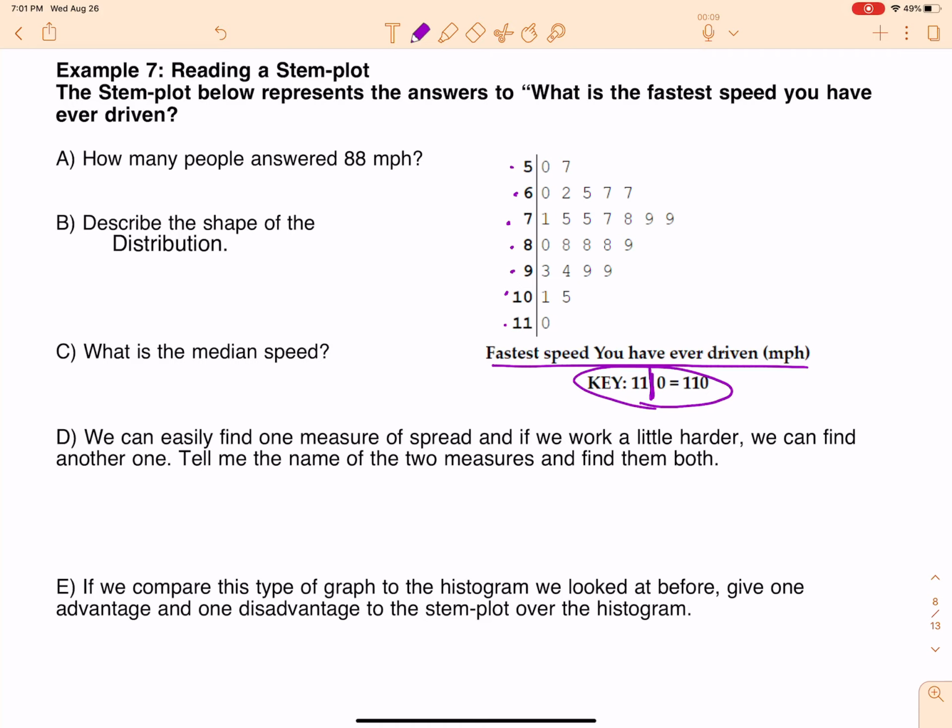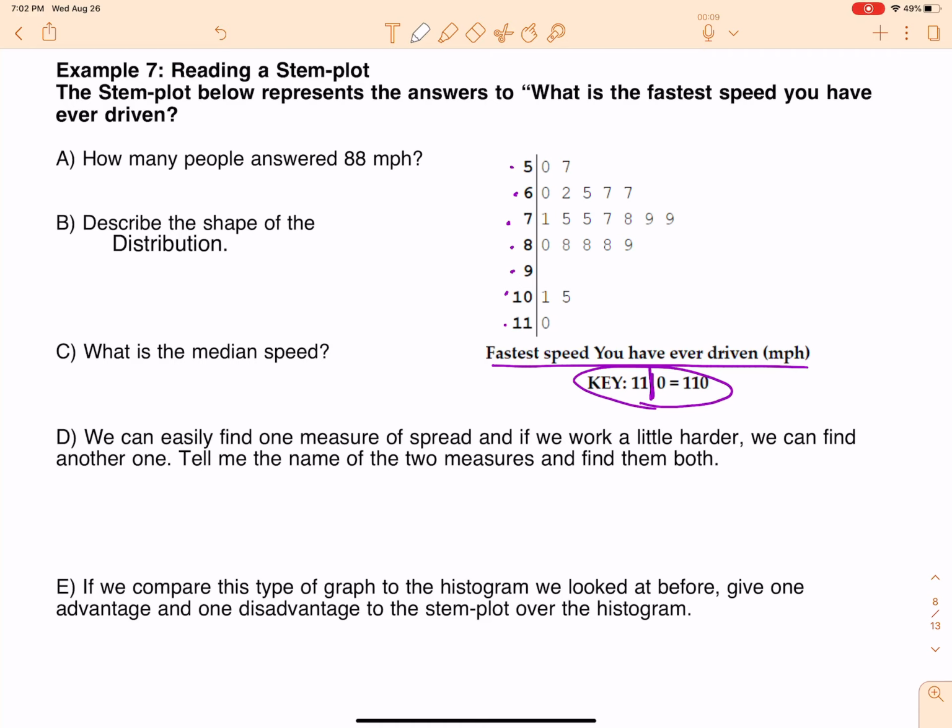Keep in mind though, let's say we had mileage in the 50s and the 60s, 70s, and the 80s, but let's say nobody had driven in the 90s, but I had people at 101, 105, and 110. If that had been the case, then you wouldn't skip the 9. Because if you would have skipped the 9, then it would have changed your shape.